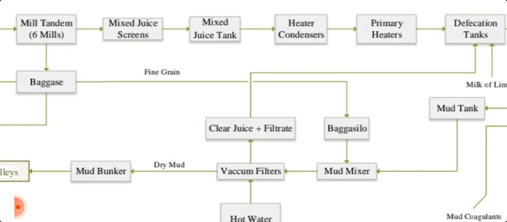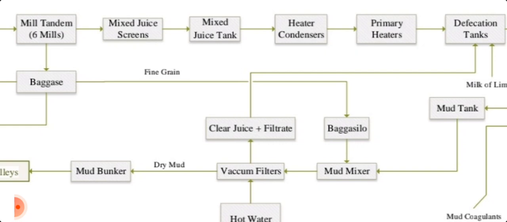In the vacuum filter, hot water is used for the separation of juice and filtrate. Low and high vacuums are used, and no-vacuum areas are also used. From the no-vacuum areas, the mud is separated from the vacuum filter.